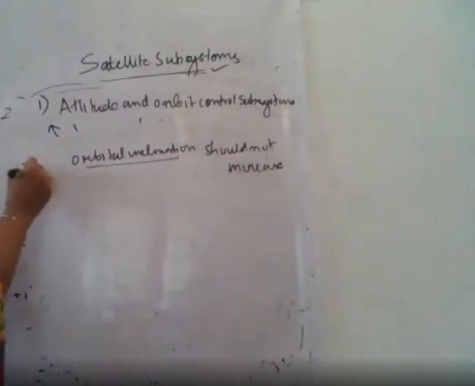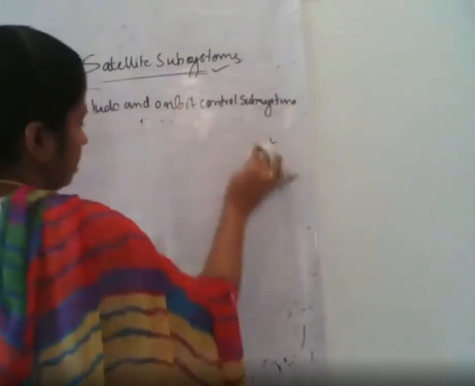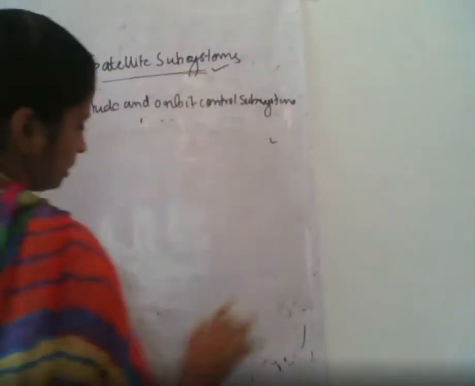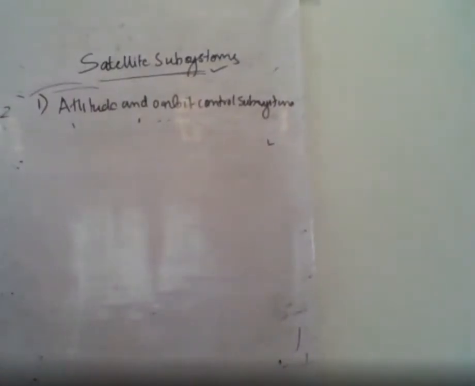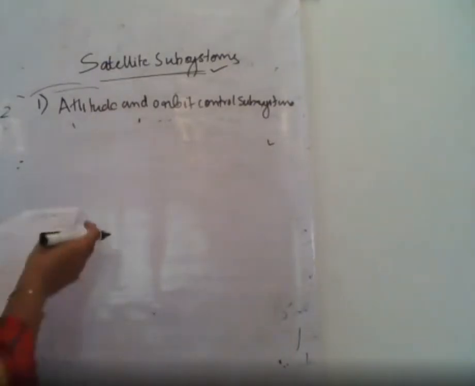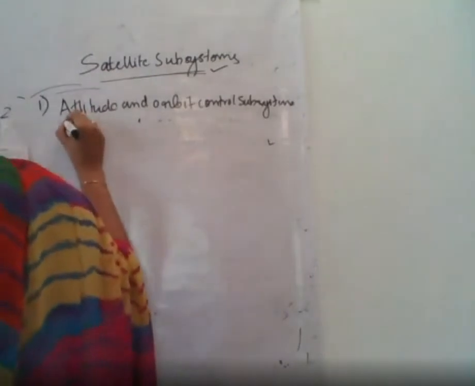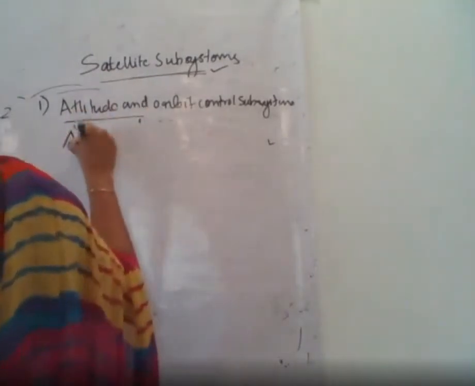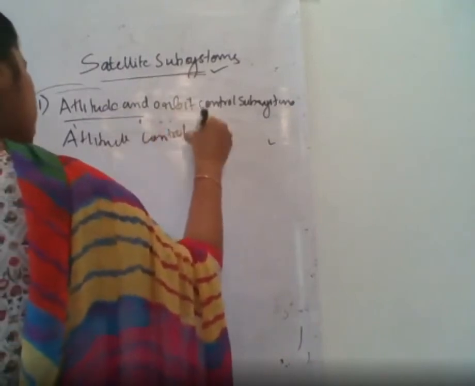Orbital inclination should not increase. This is about the attitude and orbit control system. We have discussed the reasons why we go for this attitude and orbit control system. This is because of the external forces acting on the satellite, which cause the satellite to move from its original orbit or path. So we have now discussed why this is needed. That is, what is attitude control system?